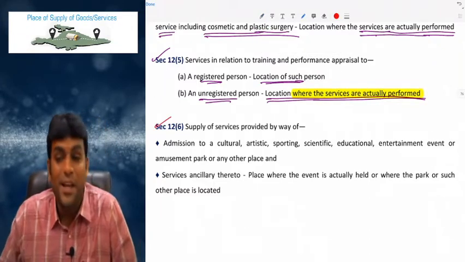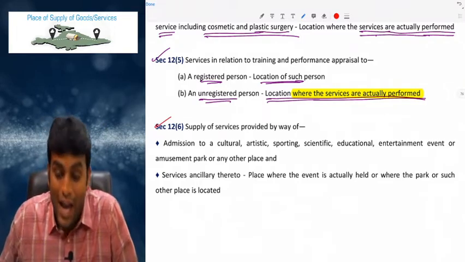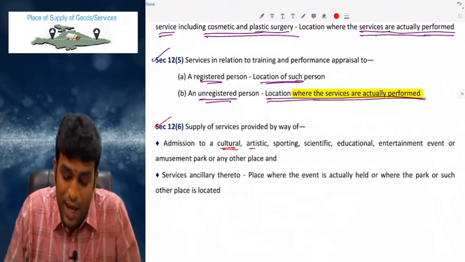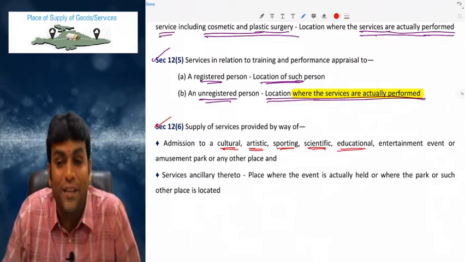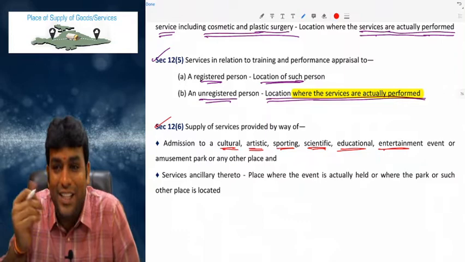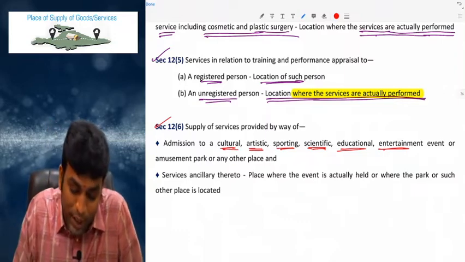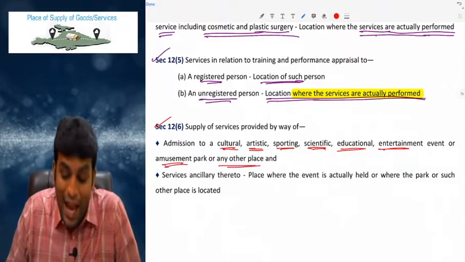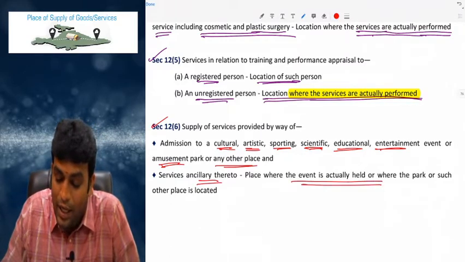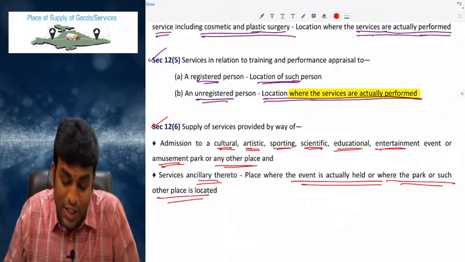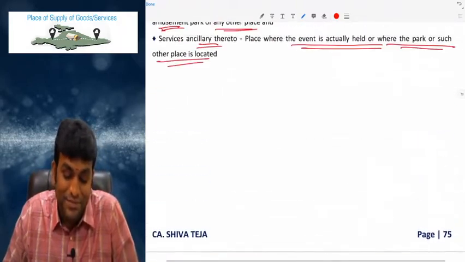Then 12.6, supply of service provided by way of admission to cultural, artistic, sporting, scientific event, educational event, entertainment event, musical concert, or amusement park or any other place, and any ancillary services. Place of supply is the place where the event is actually held or where the park or such other place is located.